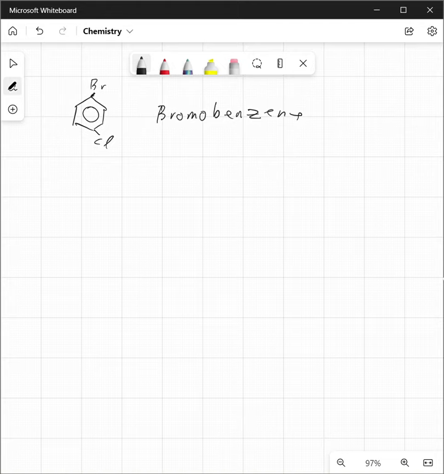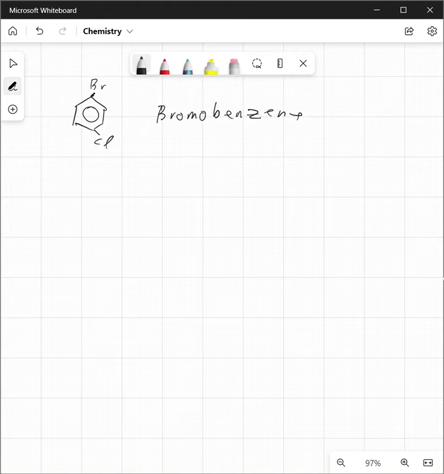So I'll let you go ahead and take over. What would you call, how would you name this aromatic compound? Okay, bromochloro, great, but we do need to place them because we're going to have to designate which carbon that is.